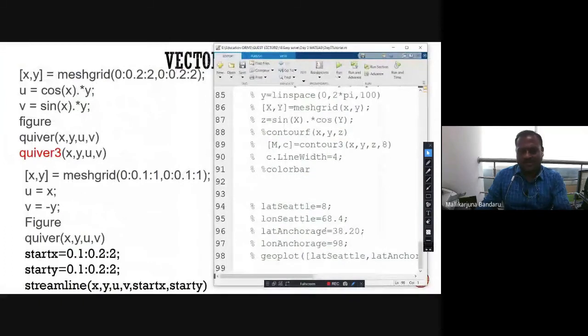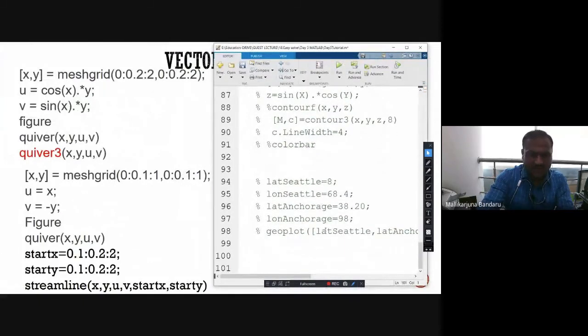Suppose [x, y] is equal to meshgrid. I told you that you have to give the meshgrid for x and y values, say 0:0.2:1 and 0:0.2:1.